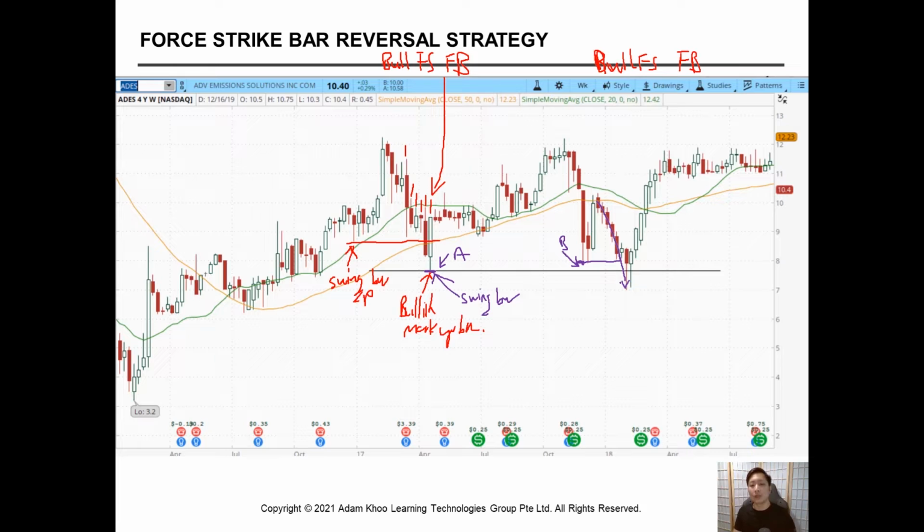Take note, you can write this down: you always use the most extreme LP that's being forced. In this case, price action goes below B and then goes straight to A. So you will use A as your swing low. I will not use B because it has breached B and then gone to A. So A will be my LP level.